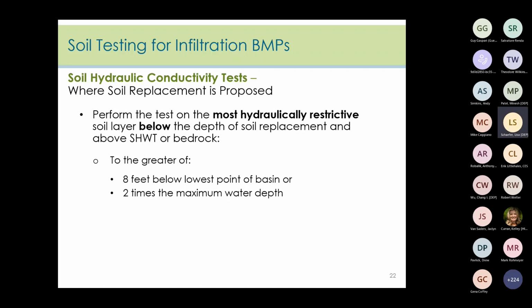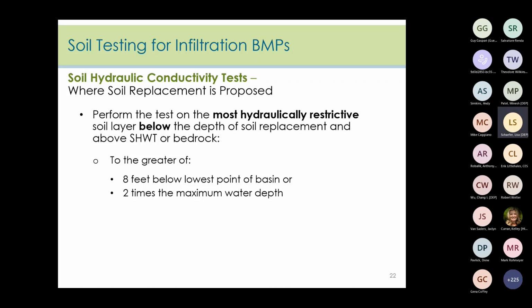Now, if soil replacement is proposed beyond the required layers in the BMP, the depth is measured from the elevation of the bottom of the required sand or soil layer. So this requirement means first, the excavation of the soil profile must reach to the required depth, and second, the hydraulic conductivity must be tested on the most hydraulically restrictive soil layer below the soil replacement or the lowest point of the basin, but above the required soil profile depth.